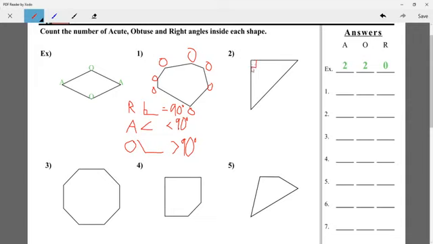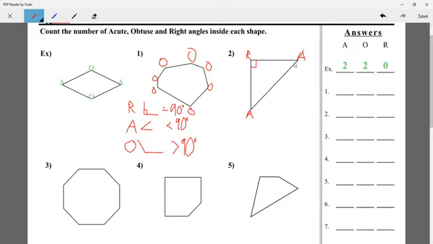This looks just like the corner of a square or a rectangle. So this is right. And in a triangle, if we have one right angle, the other ones have to be acute. Obviously they are acute because they're much more closed off than 90 degrees, but they have to be acute because the three angles of a triangle add up to 180 degrees.